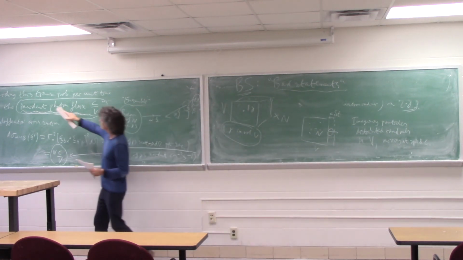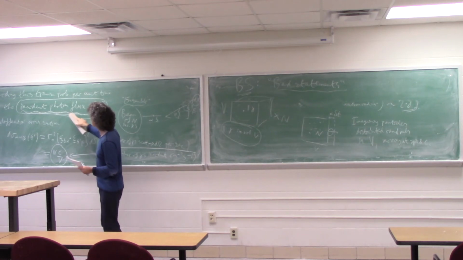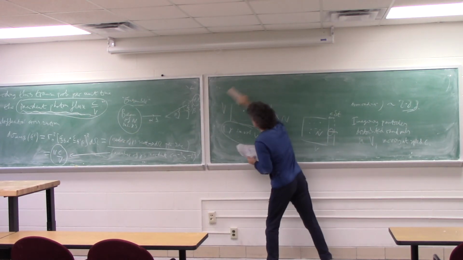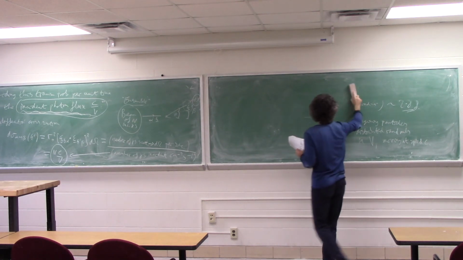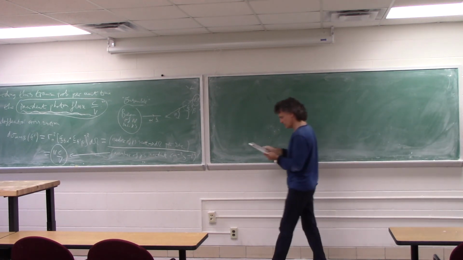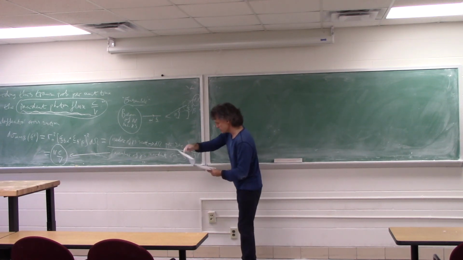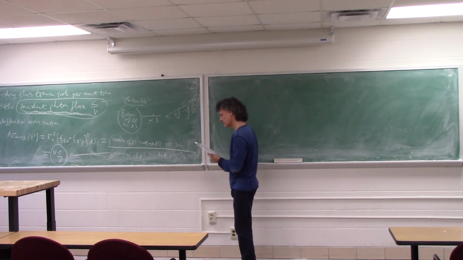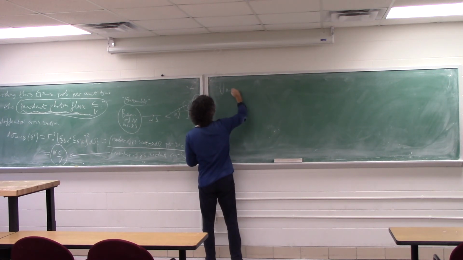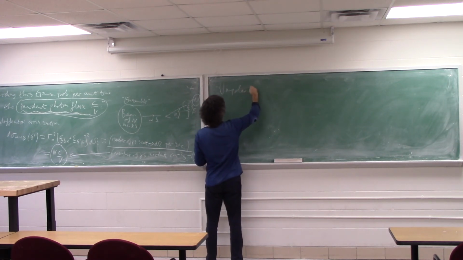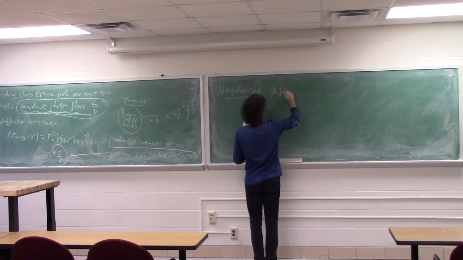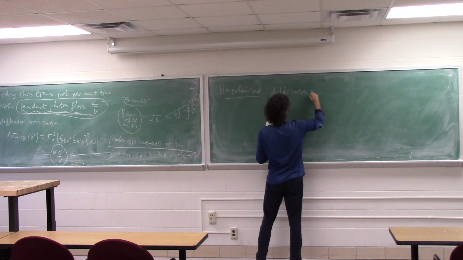So you divide the transition probability per unit time by this incident photon flux, and you get the differential cross-section. Finally, once you've got this answer, you want to find the unpolarized differential cross-section.